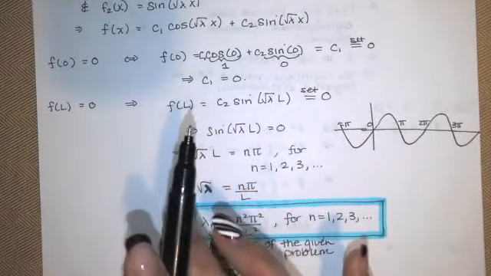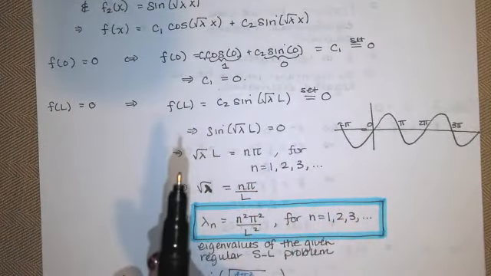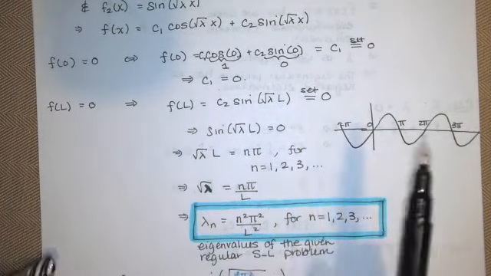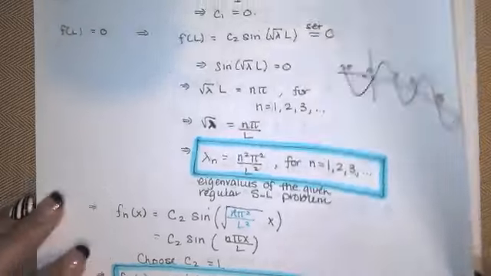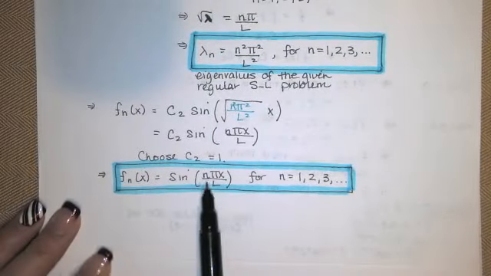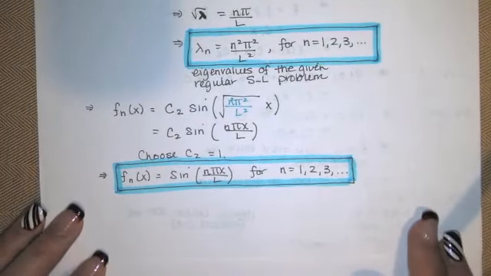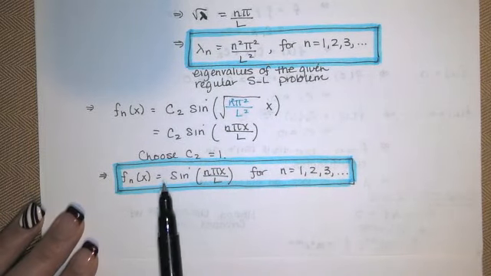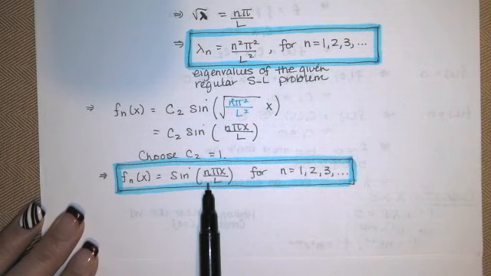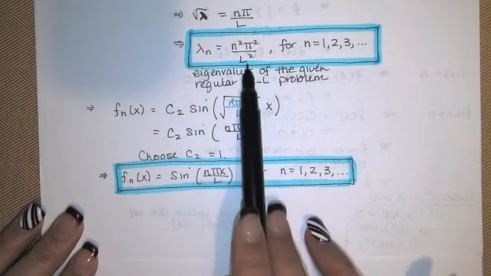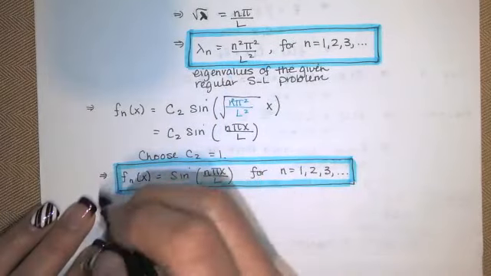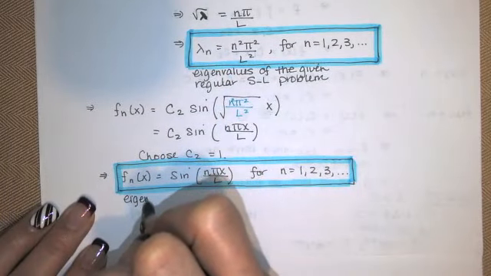The only solutions to the differential equation that satisfy both of the boundary conditions at the same time are these: sine of n pi x over L for n equals 1, 2, 3. We've got actually infinitely many solutions to that boundary value problem, and they all look like this. They correspond to these values of that real parameter lambda. So these are our eigenvalues, and these are our eigenfunctions.